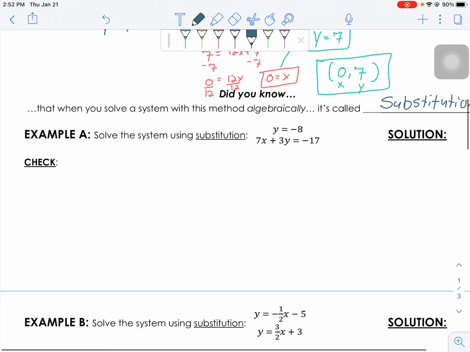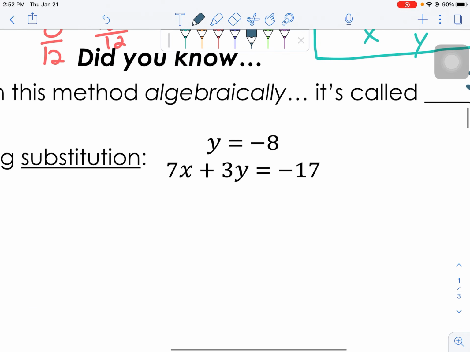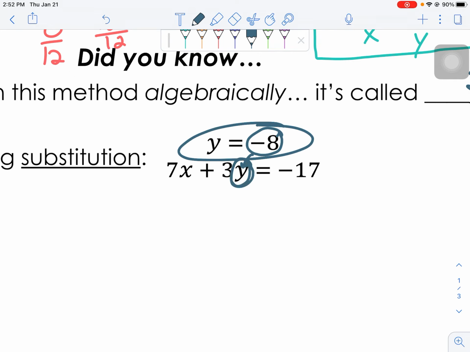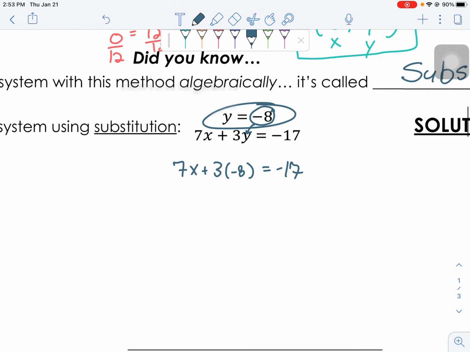So example A says solve the system using substitution. Well, we know that y is equal to negative 8. So guess what? We're going to substitute in this negative 8 for the y in this equation. So we say 7x plus 3 times negative 8 is equal to negative 17.